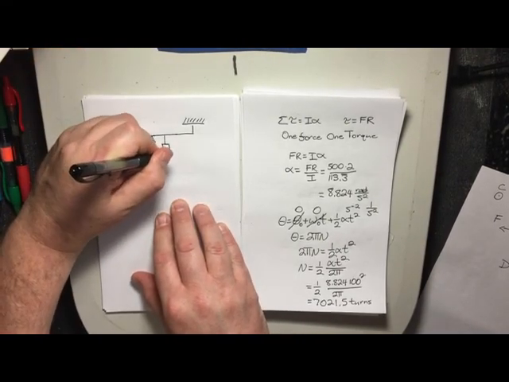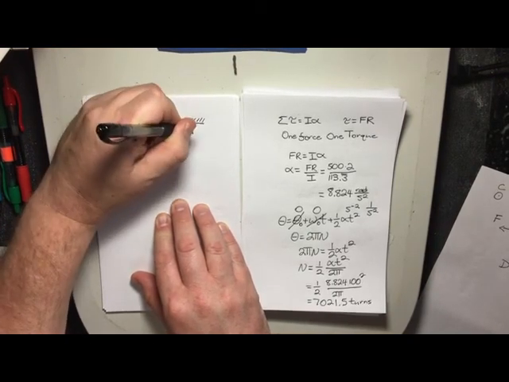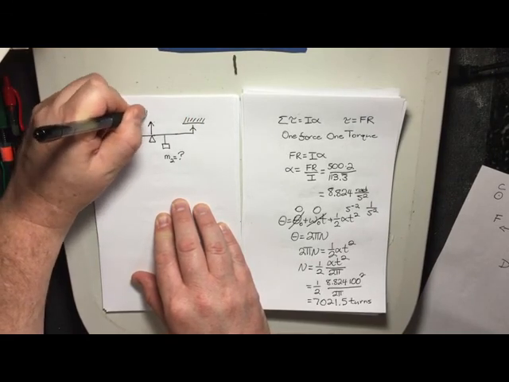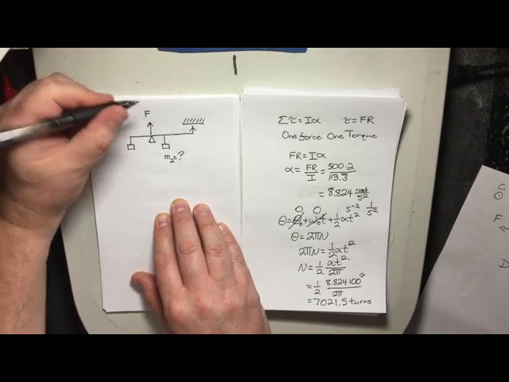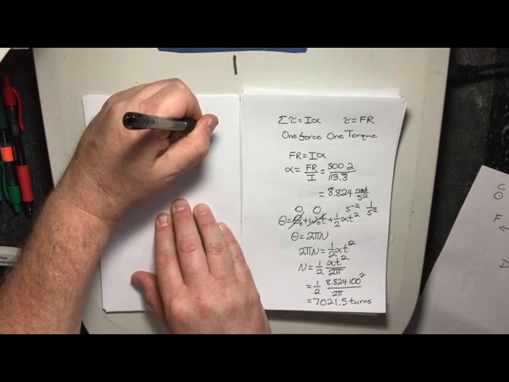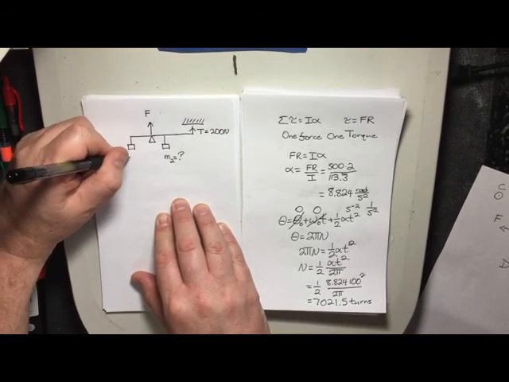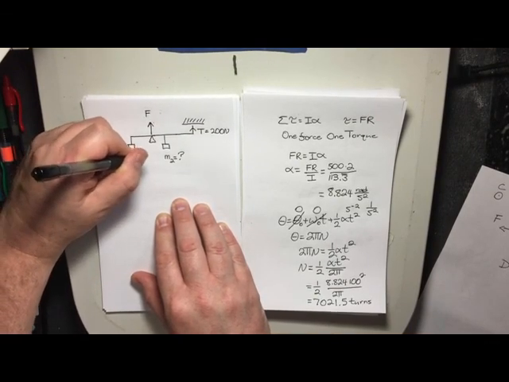I want to know what this mass is. Let me put this problem up. The tension in here is 200 newtons. The mass here is 5 kilograms.